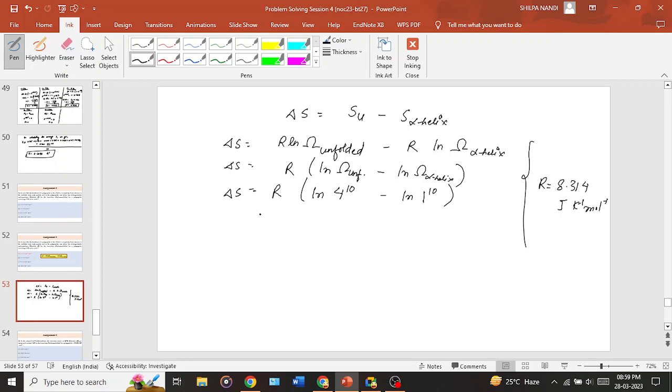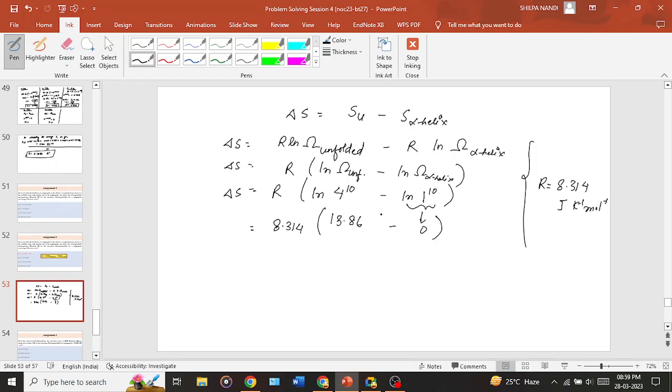So you put this value here, 8.314, and if you solve this, ln 4 to the power 10, and the other term will come as 0, and this will come as 13.86, right?